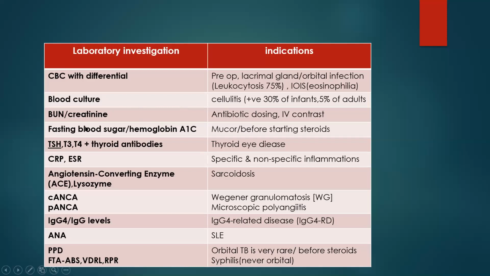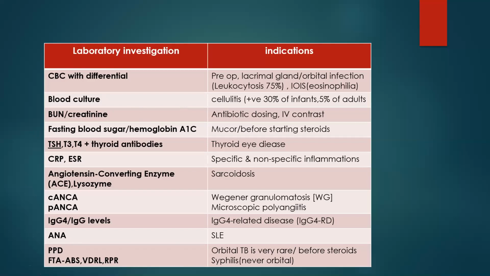In cases of, for example, thyroid eye disease, patients presented with inactive thyroid eye disease with a complaint of, for example, 3-4 months, and on examination, it's classic thyroid eye disease.